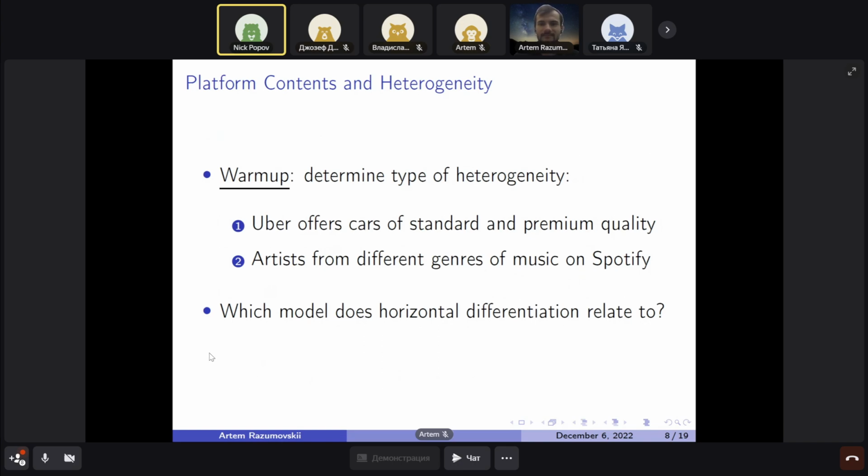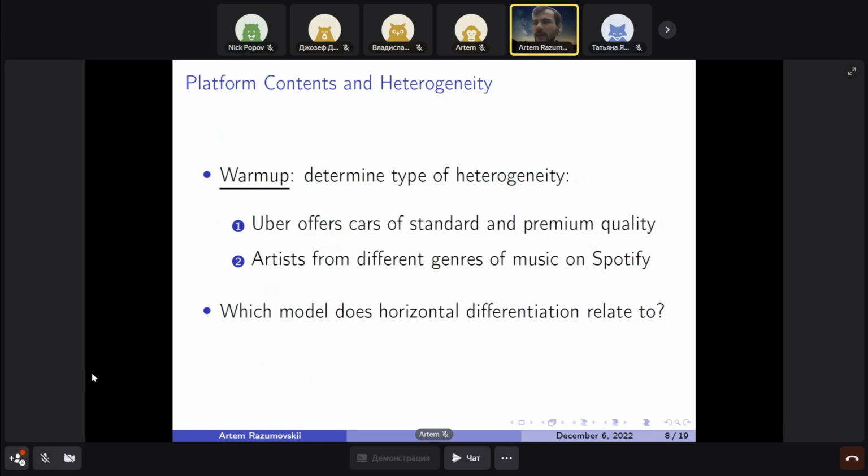Everyone agrees. And horizontal diversification should be about taste. So the second one has horizontal diversification because we can't say for sure which genre of music is the best. We can't grade them.